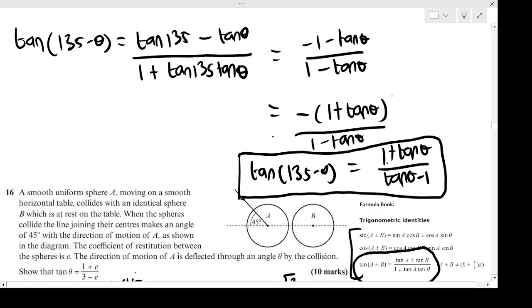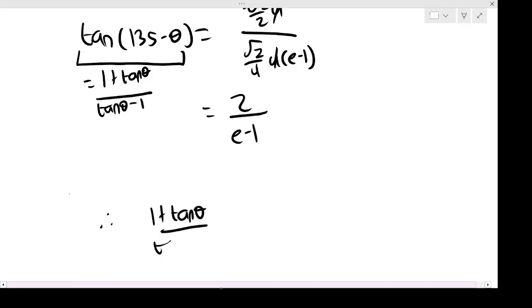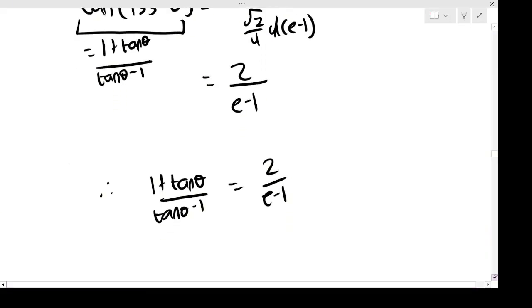So I can substitute that in. And so then, as we saw, tan of 135 take away theta is 1 plus tan of theta over tan theta minus 1. Therefore, we can say that 1 plus tan theta over tan theta minus 1 is equal to 2 over e minus 1. Okay, so we need to rearrange for tan.